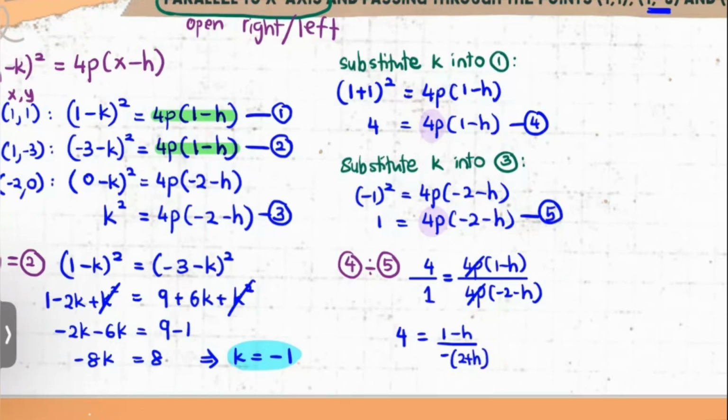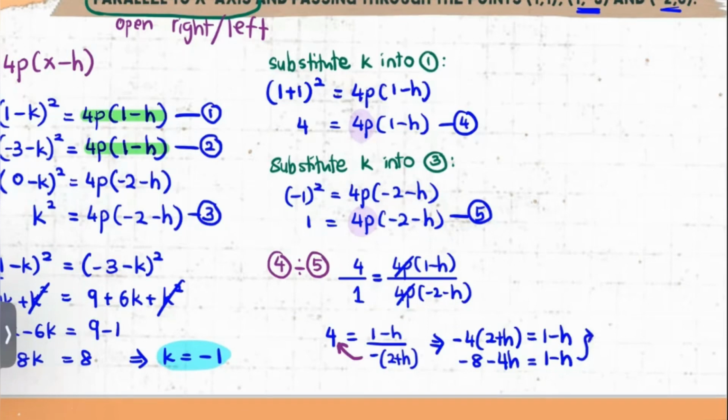Okay, and ini kita boleh cross dia. Darab. Pindahkan, so it will be negative 4 darab dengan 2 plus H sama dengan 1 minus H. Negative 8 minus 4H sama dengan 1 minus H. Saya ada negative 3H equals to 1 tambah 8, 9 and H will be negative 3.